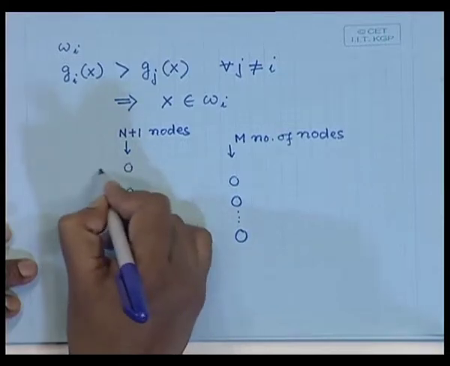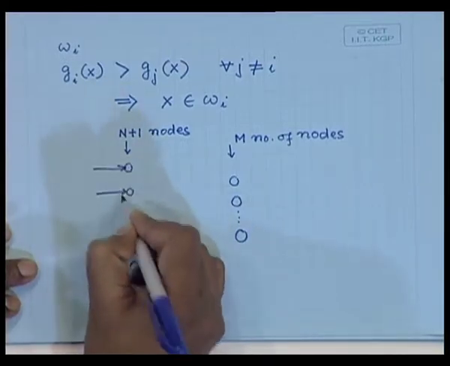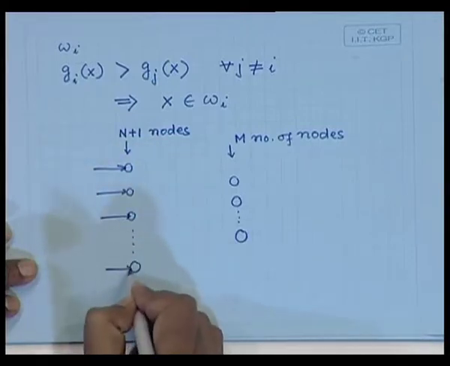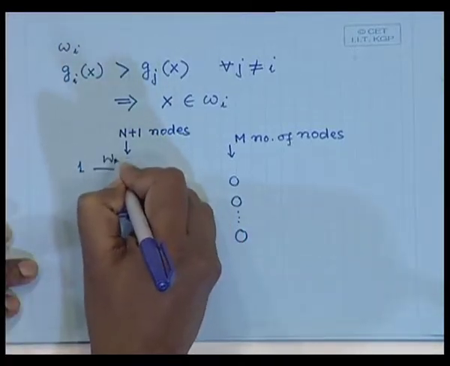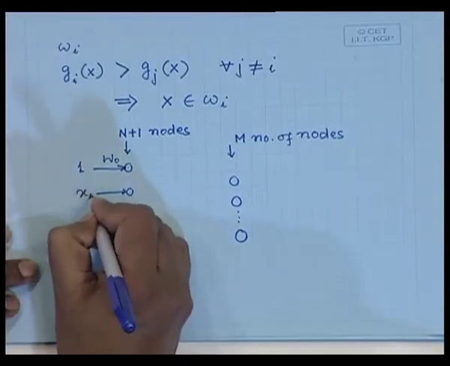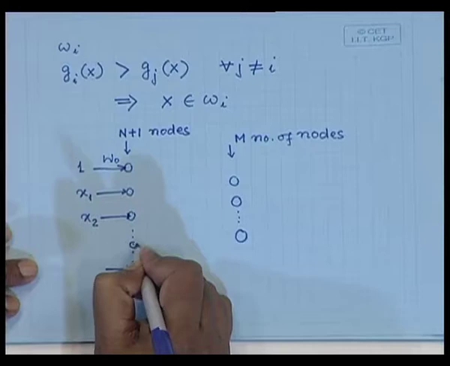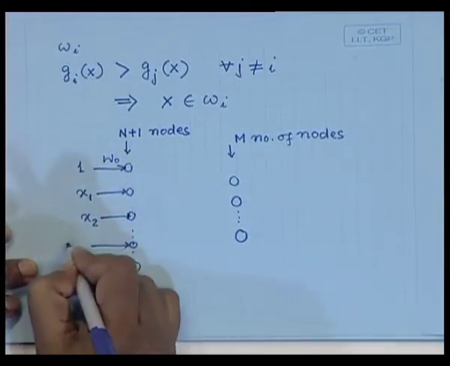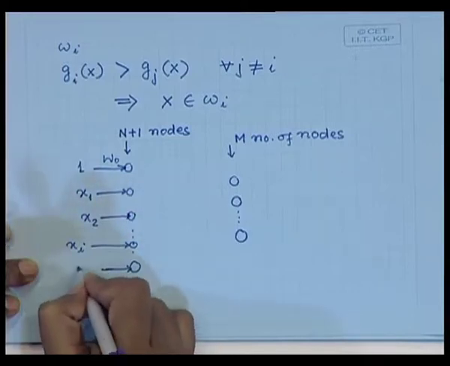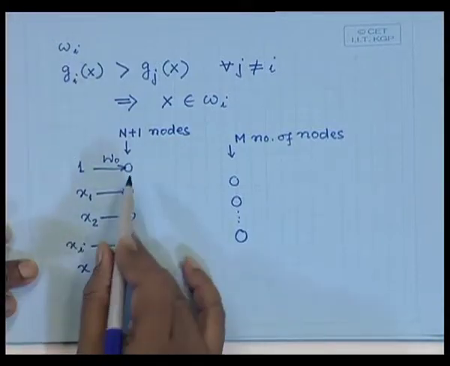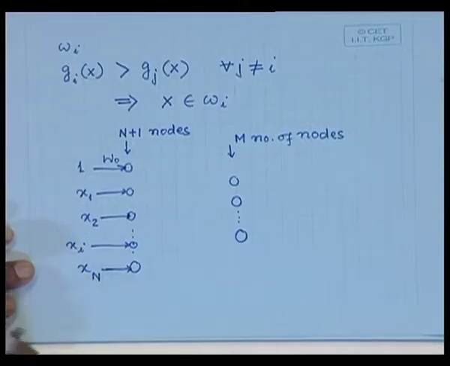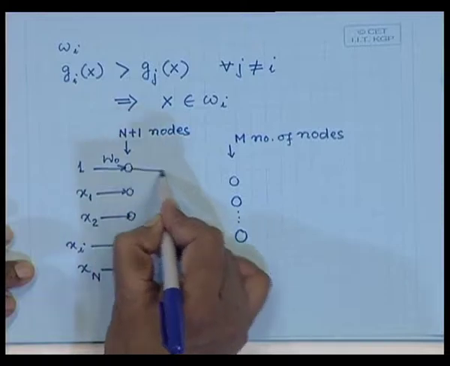Okay. So, you apply the feature vectors to this input layer nodes. As we have assumed, the first component is equal to 1. That takes care of the bias weight W 0. Other components are x 1, x 2, so up to here I have x i, and here it is x n. Now, the connection is like this, that the output of every input layer node will be connected to the input of every node in the upper layer.